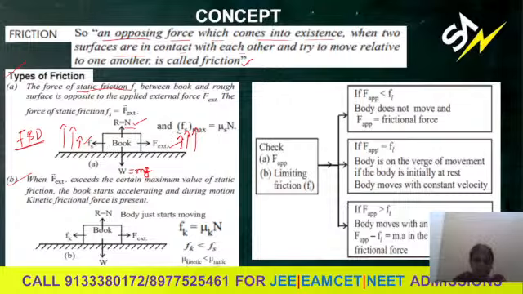So we can see here that maximum static friction is equal to mu s into N, since frictional force depends upon the normal reaction. This is also called the limiting value. Fs maximum is called the limiting value of the friction.